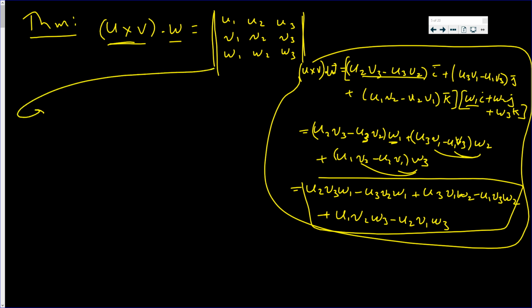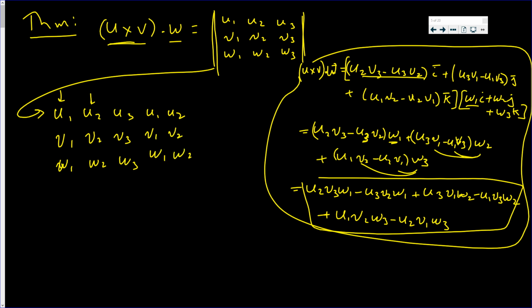What does that equal? Well, the rule for a 3 by 3 is to write down the matrix, U1, U2, U3, V1, V2, V3, W1, W2, W3, and then repeat the first two columns.